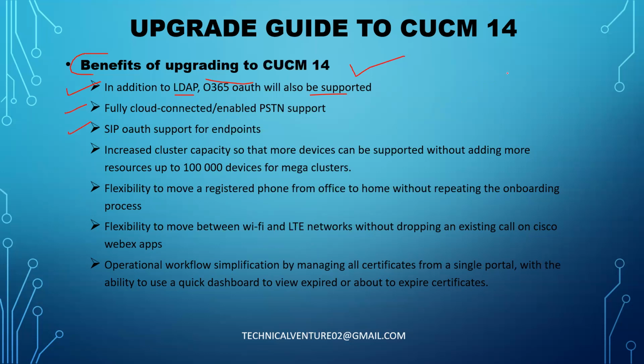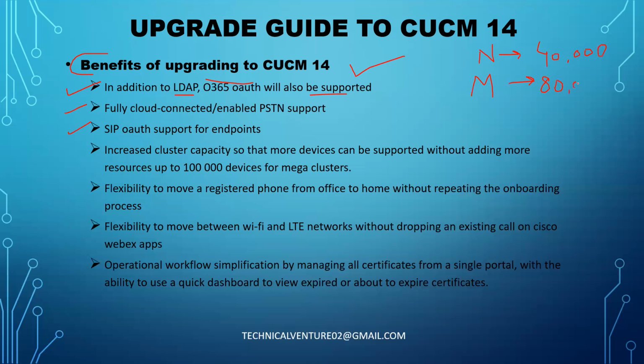Now, as you know, in our previous version, a normal cluster had a capacity of a maximum of 40,000 devices, right? Max 40,000 devices you can register. And if we take the license for the mega cluster, previously this 40,000 would be increased to 80,000 devices, right?